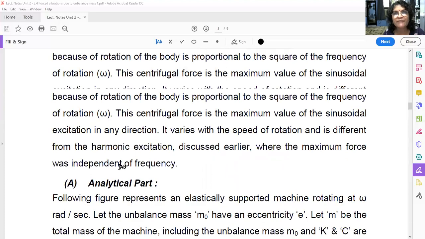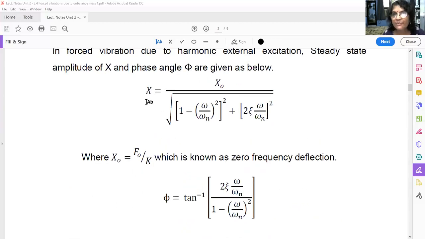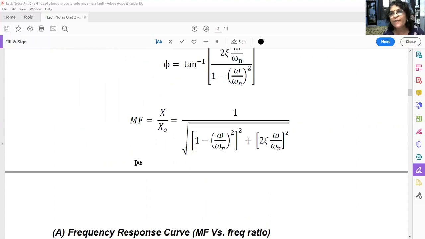That is basically the definition of the magnification factor. See, this is the steady state amplitude for forced vibration due to external excitation, which is given by X is equal to X0 upon the whole square root. So if we bring this X0 here, this will become a dimensionless quantity. And this is only the definition of magnification factor as we have seen in the earlier lecture. MF is equal to X upon X0 is equal to 1 upon the whole square root.